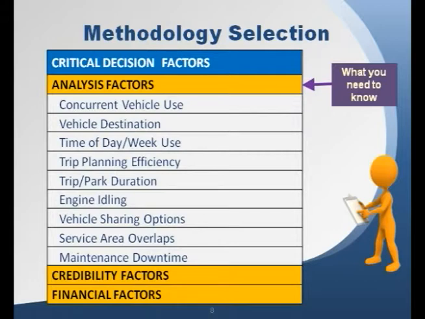You want to know the maximum number of vehicles that were in use at the same time for each vehicle type at each site. It's called concurrent vehicle use, and it's a strong indicator of how many vehicles you require. Levels can be lowered further once you understand the vehicle destinations, the time of day or week that the vehicles are used, are trips being planned, which minimizes travel? Is vehicle sharing possible? All of these factors come into the decision-making process.